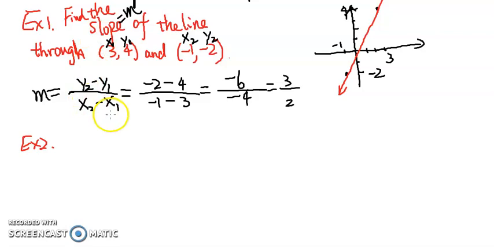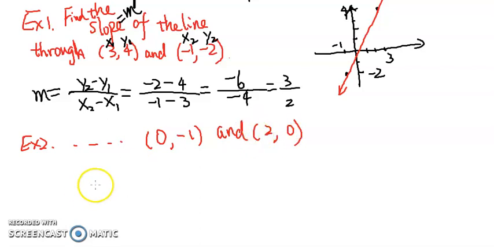We still find the slope of the line through these 2 points: 0, -1 and 2, 0. Now we still apply the formula m equals y2 minus y1 over x2 minus x1.